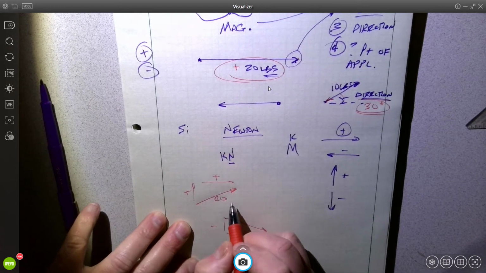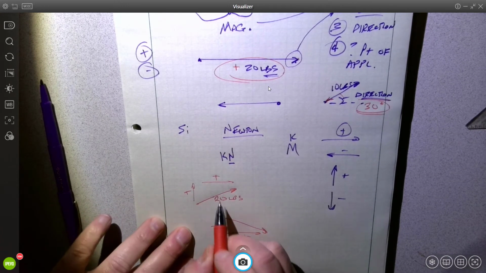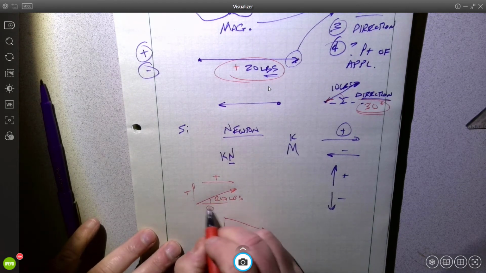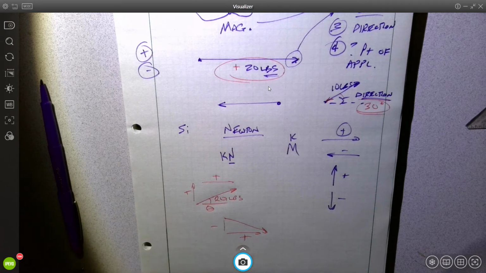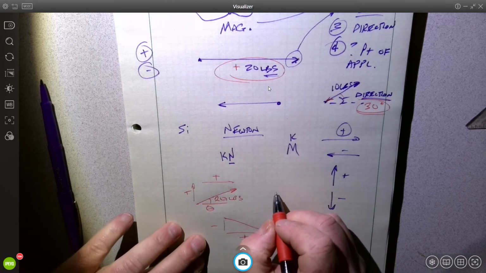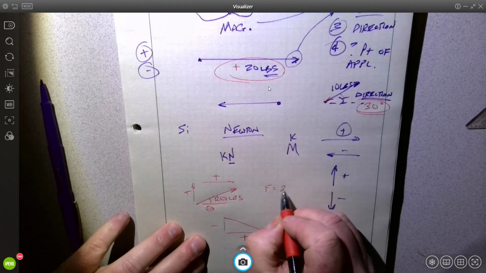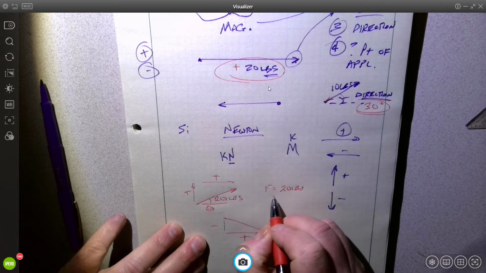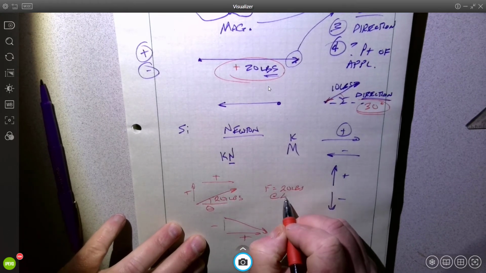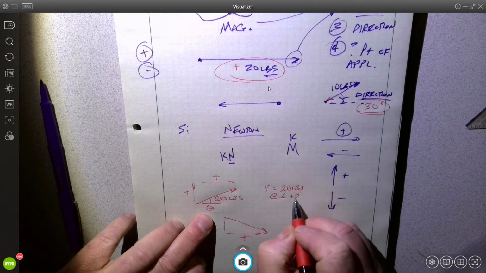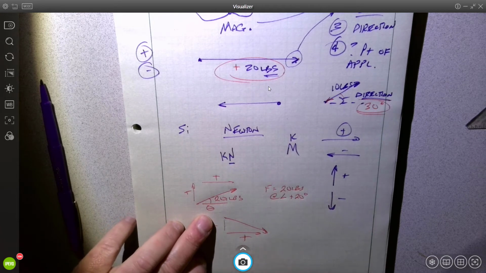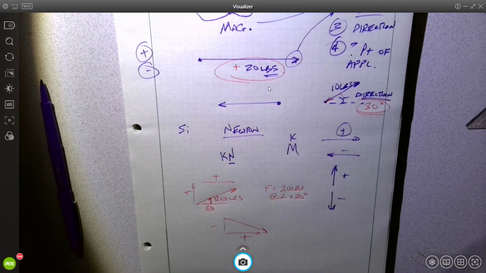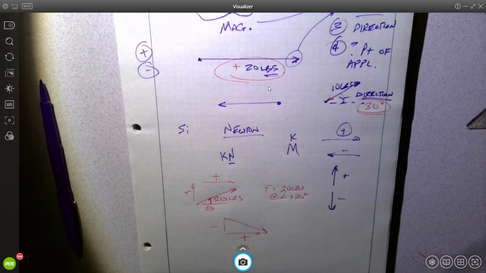But this, 20 pounds, if you wrote this, I would need to know what this angle is. I'll call it theta. In other words, I'd need to know, hey, I have the force equal to 20 pounds, but notice there's no plus or minus, and maybe I would write at an angle of a plus 20 degrees, which means rotation is from the x-axis in the positive direction to position it.